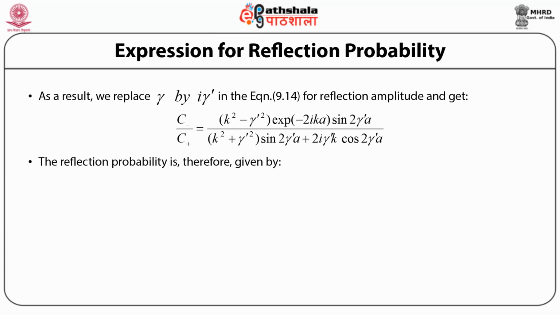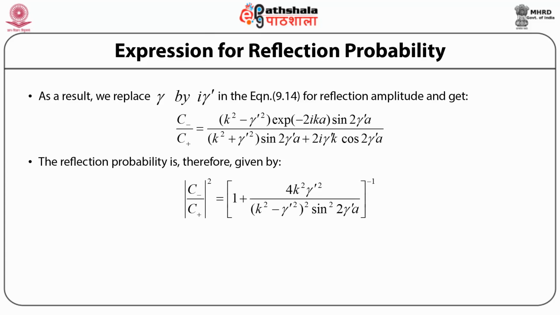The reflection probability is therefore given by the square of the modulus of the ratio of C minus to C plus, which is equal to the inverse of 1 plus 4k square into gamma prime square divided by the square of k square minus gamma prime square into sine square 2 gamma prime a.